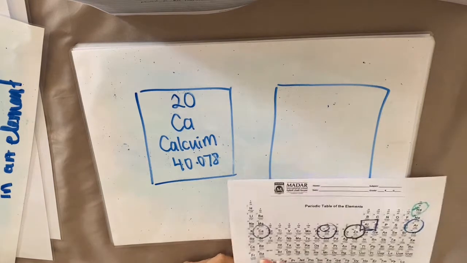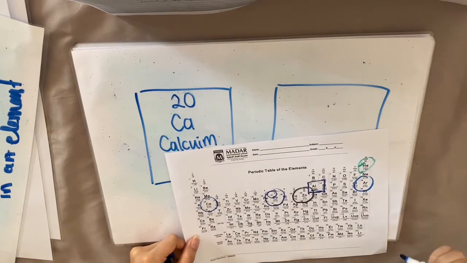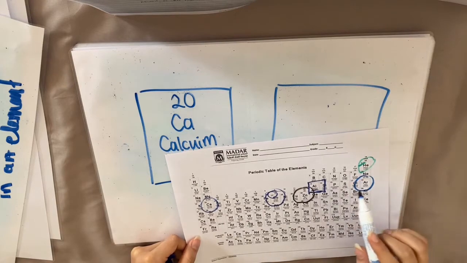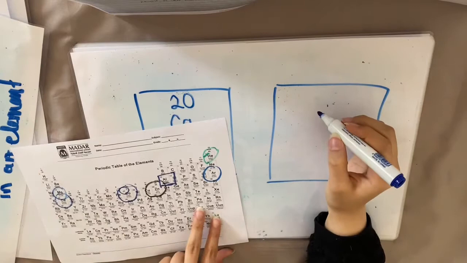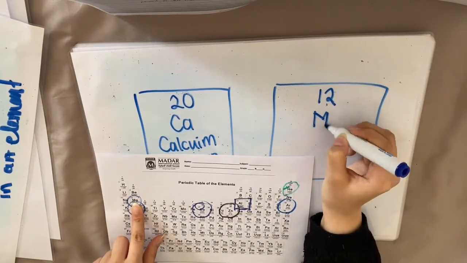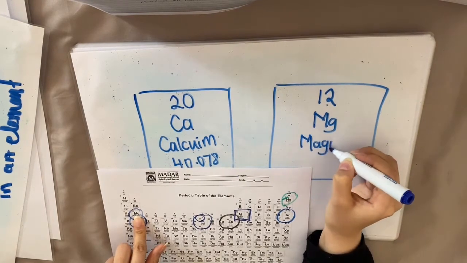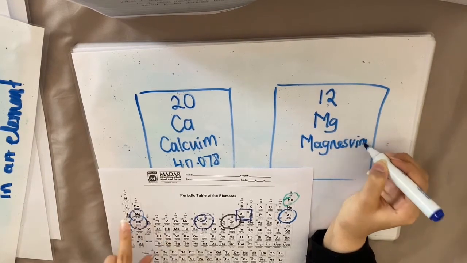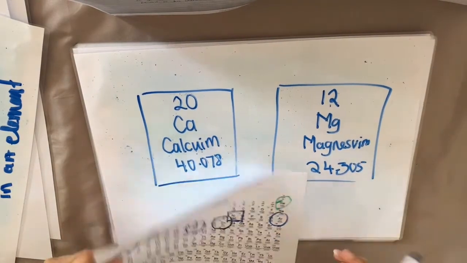Let's take a look at magnesium. Magnesium Mg. Where is it? Here. So, first of all, we look at the periodic table, atomic number 12, symbol Mg, name magnesium, and atomic mass 24.305.